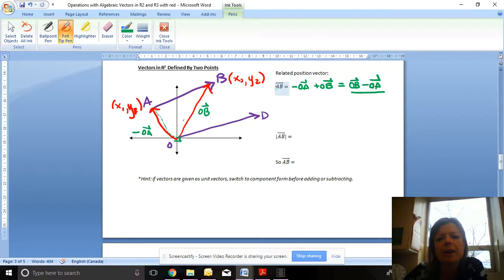So if you have a vector from A to B, then you take the head, OB, and subtract OA.